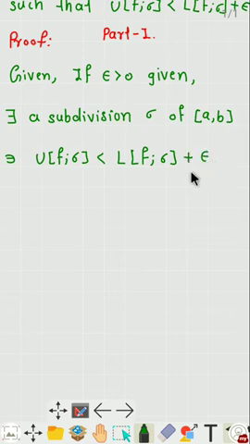Let us call this equation number 1, which we will use further.